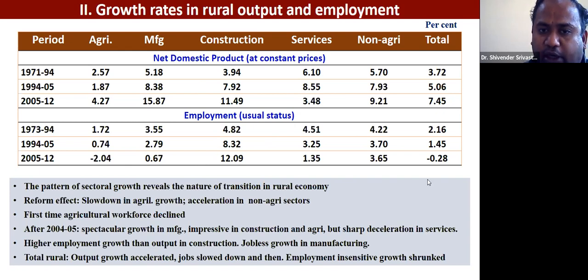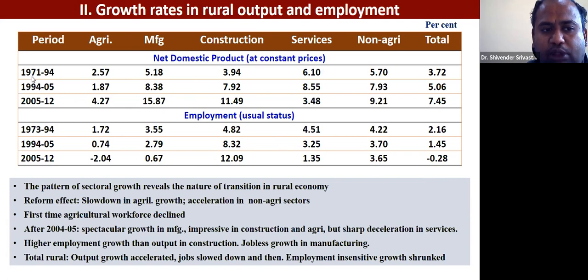So let us come to the second issue which I listed at the start: what is the growth rate in output as well as employment in different subsectors like agriculture. You see how agriculture has grown over a period of time.